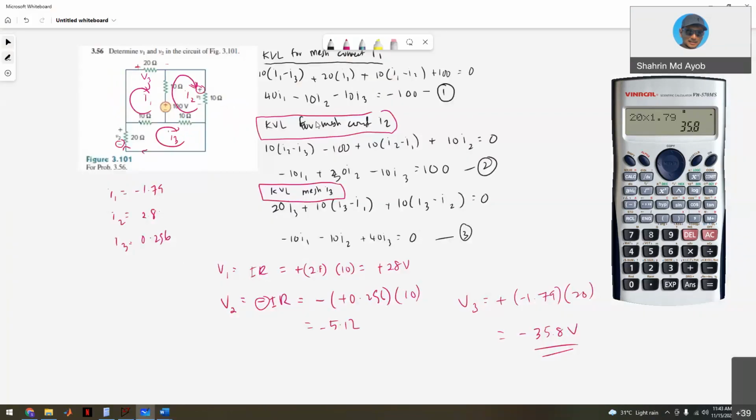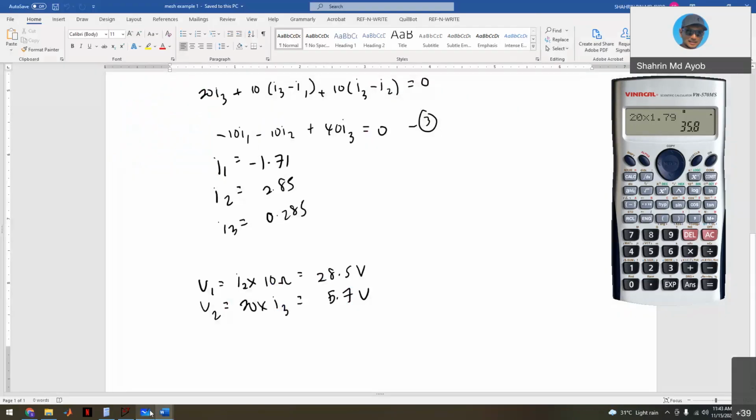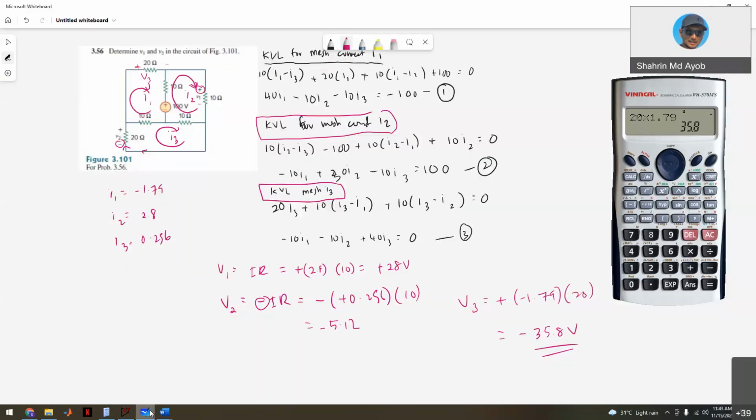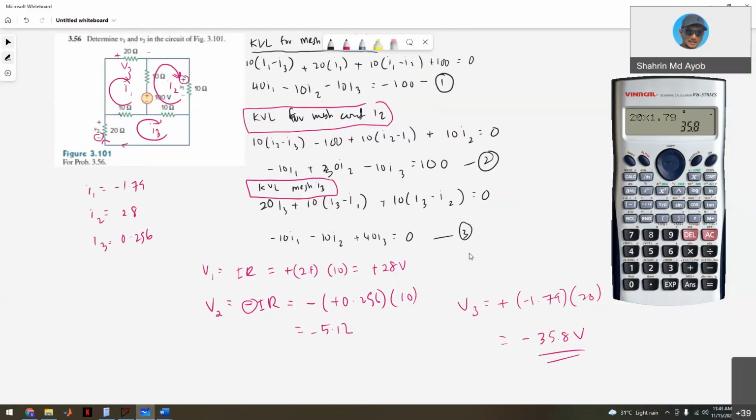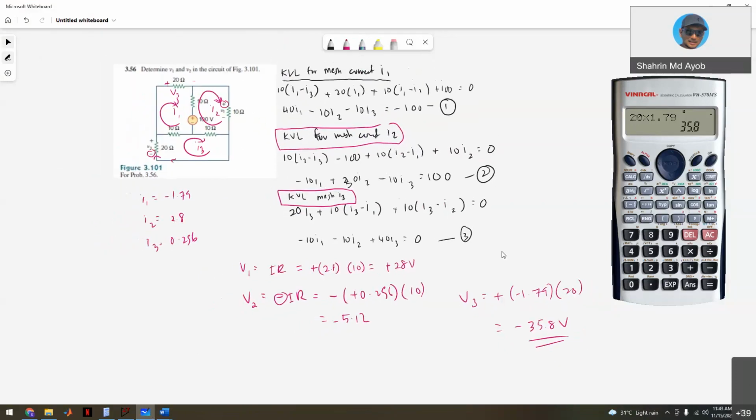But it doesn't matter, because I usually look at how the student solves it. If the value is quite similar, then I accept the answer. Any question regarding this? I hope this one is straightforward.